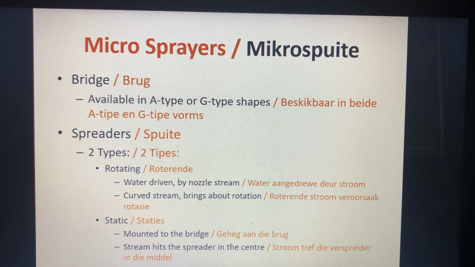You've got the rotating one, where the water is moving up onto your spreader, and because of the movement of the water, that causes your spreader to constantly rotate. And then the static one, where it doesn't turn, but it allows you to spray only certain angles and not only have to spray 360 degrees.